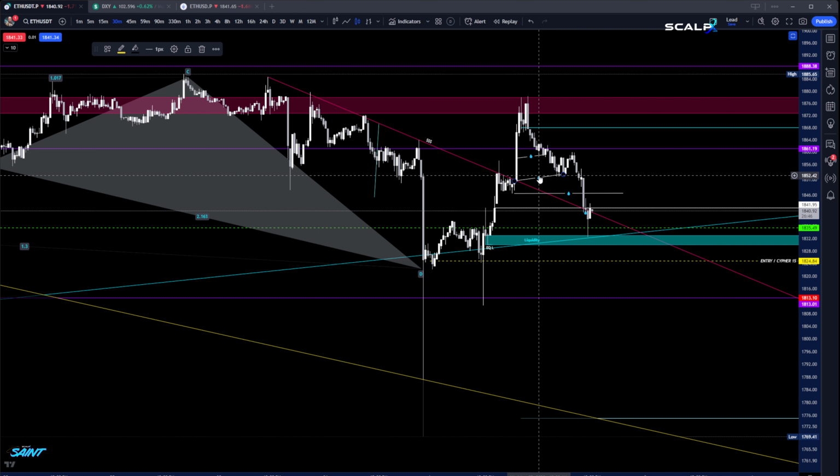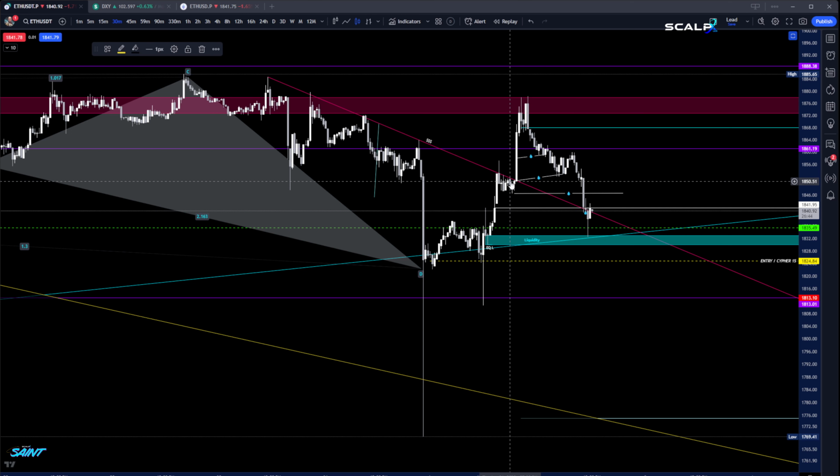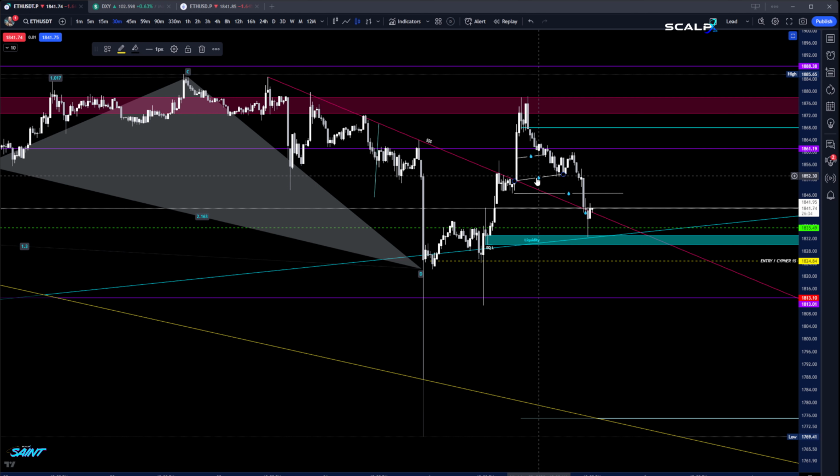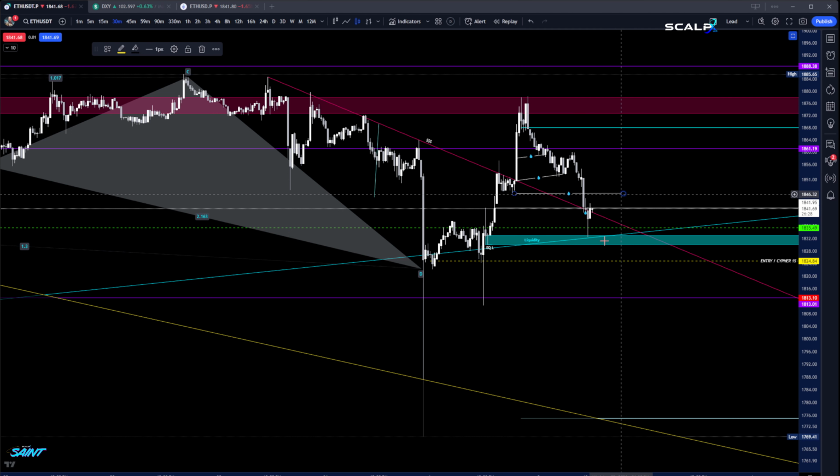Because 99.9% of most folks will base their trades and strategy off of trend lines. There's nothing wrong with that. That's everyone's strategy. But market makers understand that too, and that's what they're going after. So these areas got liquidated. This area got liquidated. This area right here, liquidated.